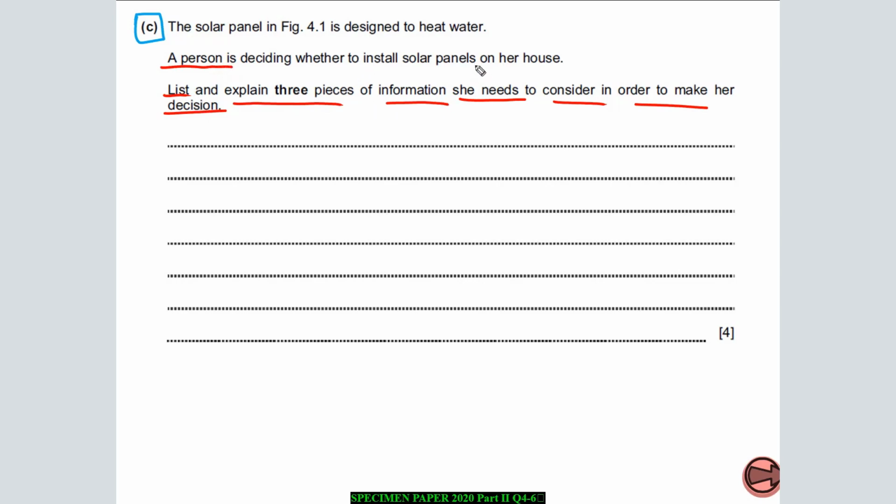So first thing, for example, when you are going to install solar panels, we need to consider whether the sunlight is enough there or not. The second thing, the cost is very important. Also, we need to consider our needs from the solar panels, how many solar panels we need to install so it can meet our needs. If we have these things in mind, we can answer that.